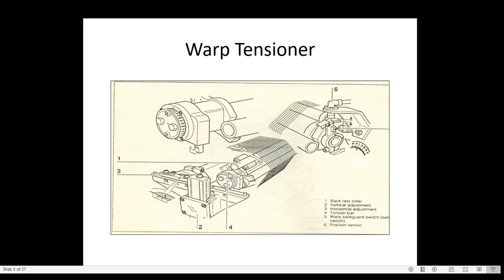We move it such that 5 kilonewton warp tension comes on the backrest. This 5 kilonewton tension can be seen digitally here, or on the control panel. We adjust the tension of the flexible bar until 5 kilonewton comes.